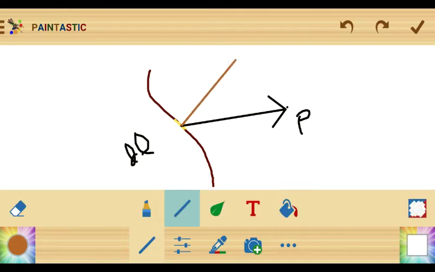Now you can see the difference. This brown line is perpendicular to the current element dl, and the angle is between it and the line to point P, where we are supposed to find the magnetic field.